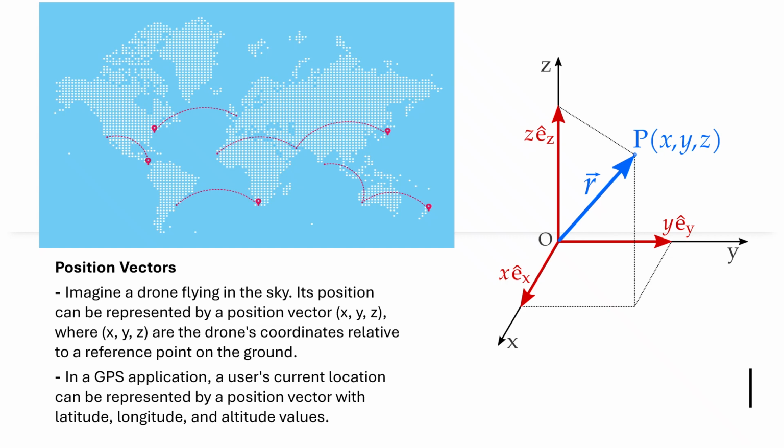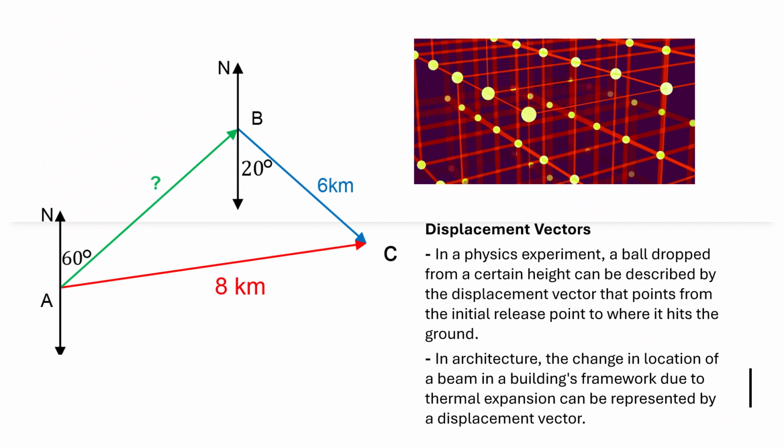Its position can be represented by the position vector (x, y, z), where x, y, and z are the drone's coordinates relative to a reference point on the ground. In a GPS application, a user's current location can be represented by a position vector with latitude, longitude, and altitude values.